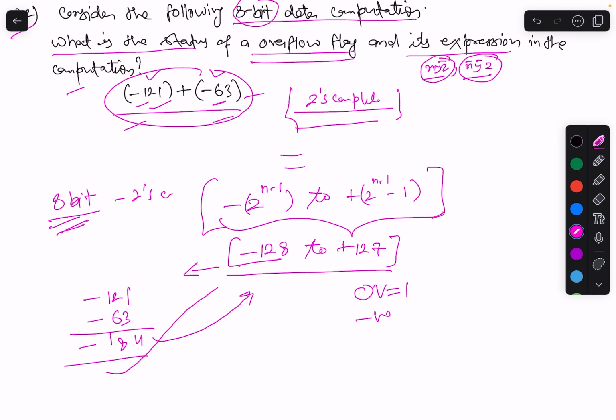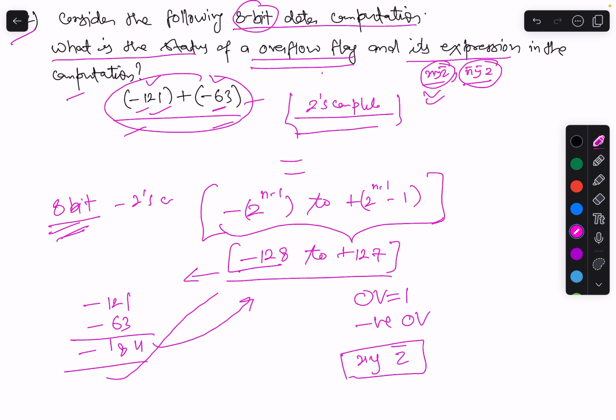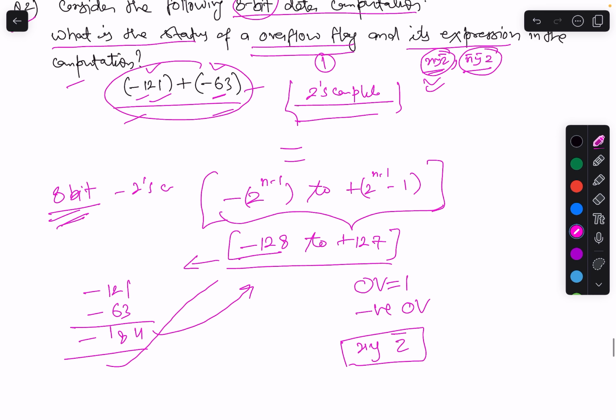For negative overflow, z is 0, meaning z bar is there. So x y z bar is the expression. So what is the status of the overflow flag? It is 1, and this is its expression. This is how we solve this type of question.